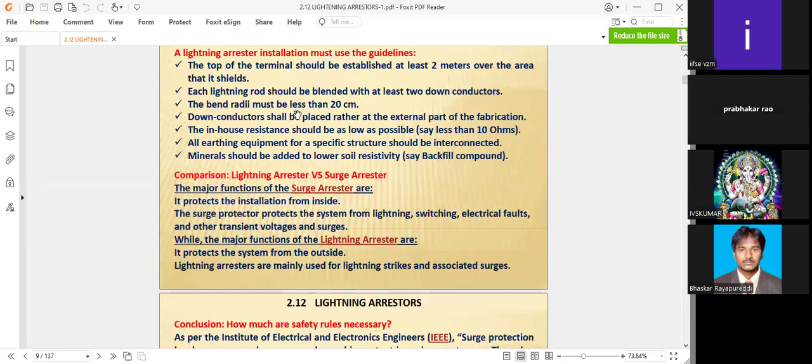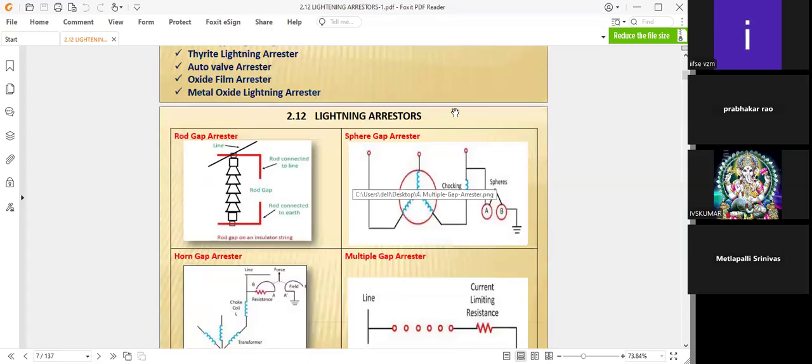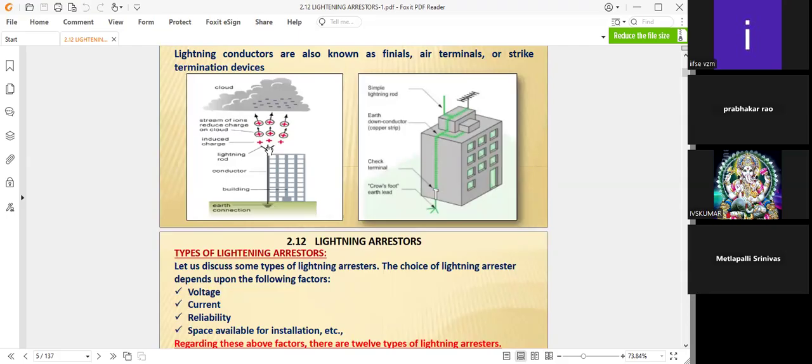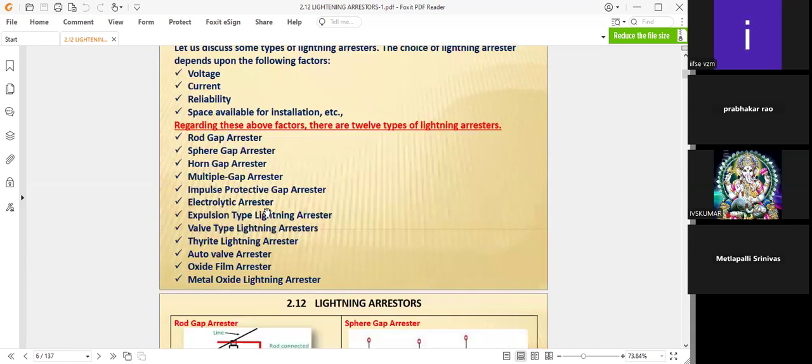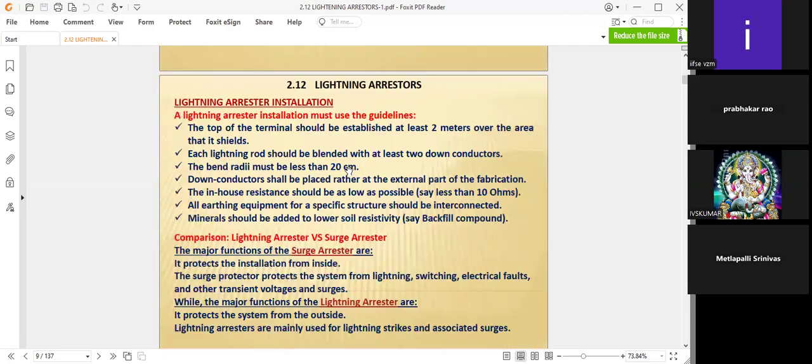Where the rod bending is there, the distance between these points should be 20 centimeters. The bend is necessary, but beyond 20 centimeters the functioning will be affected while receiving the lightning. That is why less than 20 centimeters is the better way to function.